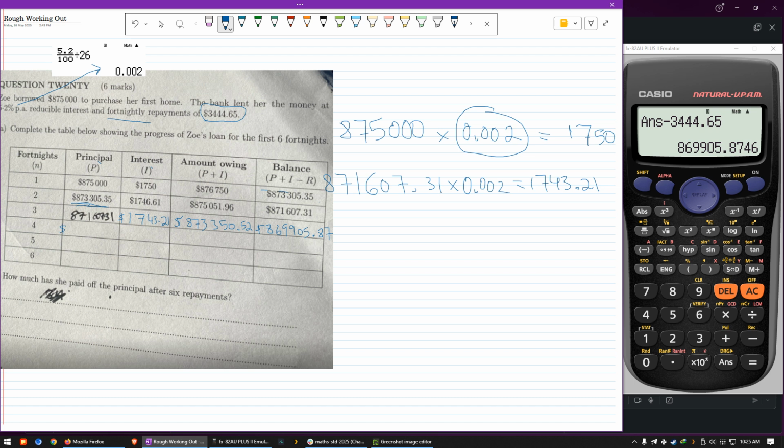So at the start of the fourth fortnight, we'll do 869,905.87. Now, once again, what will be the interest owing?